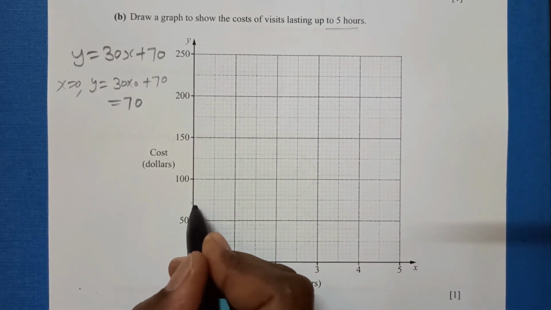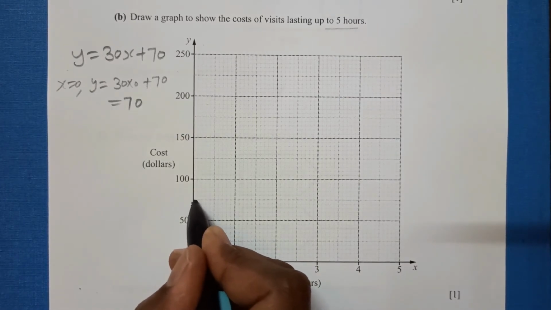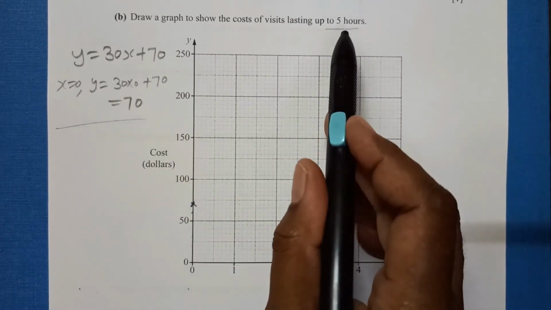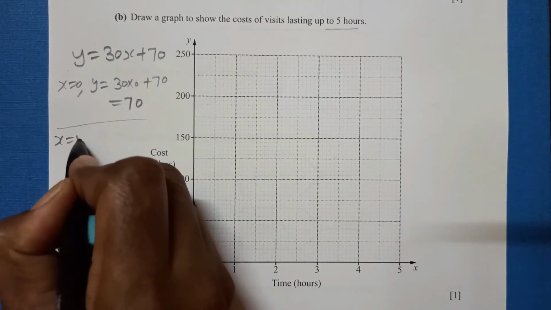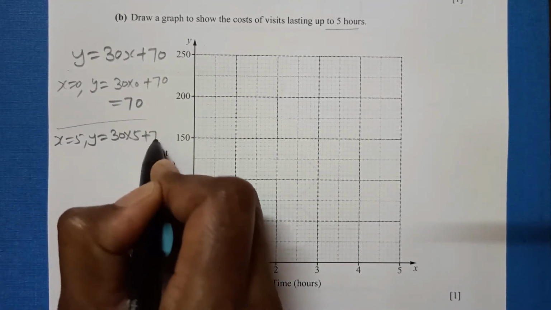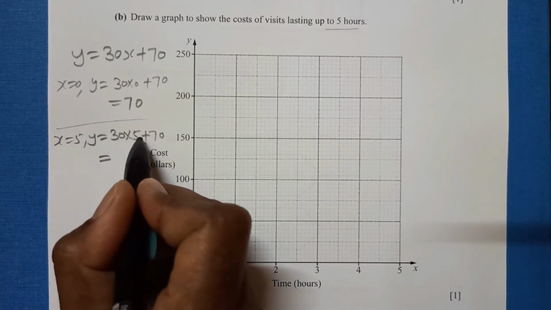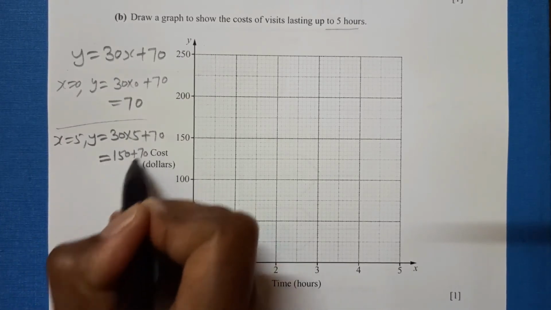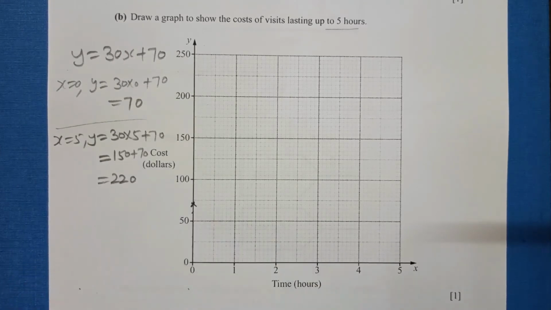This is 60 here, y is 70. So this is our point here. Now next is for 5 hours. When x is 5, then y will be 30 times 5 plus 70. So 30 times 5 is 150, plus 70. So this is 220.